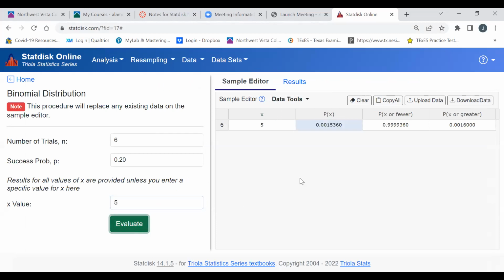And which column represents at least? Second, third, or fourth? The fourth, correct. So my answer is 0.002. This one's not 0 plus. This one is actual numbers I can round off to 0.002.